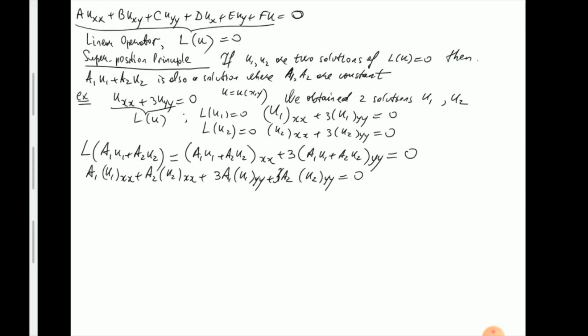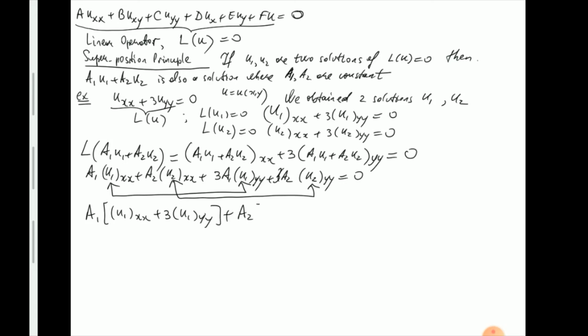And then that allows us also to regroup the terms with respect to u1 or u2. And we get that a1 is multiplied by u1 partial x twice plus 3 u1 partial y twice, plus a2, same thing for u2.